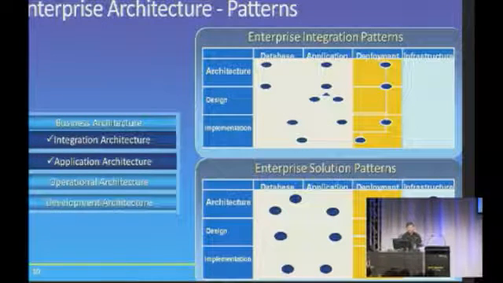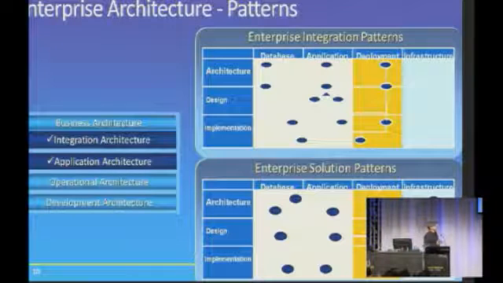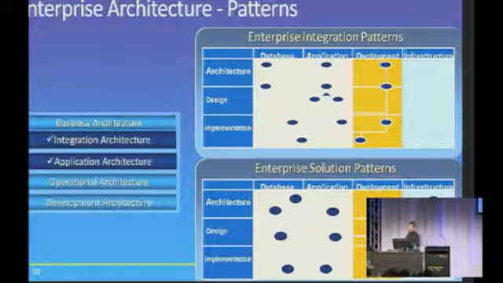So each of these, the integration architecture and the application architecture, has a cluster, if you like, of patterns with relationships between them. And just looking at integration architecture, we have patterns at different levels within that as well.